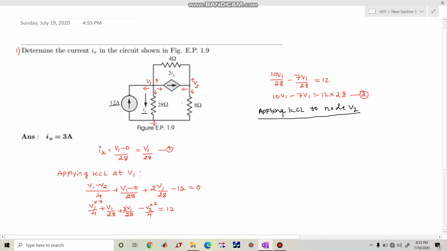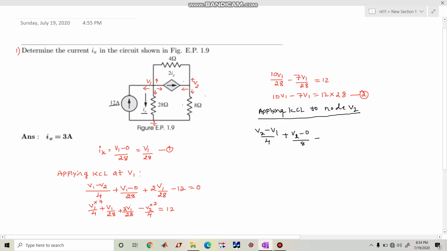V2 minus V1 by 4, as in the first equation for V1, plus V2 minus 0 by 8, which is another branch.